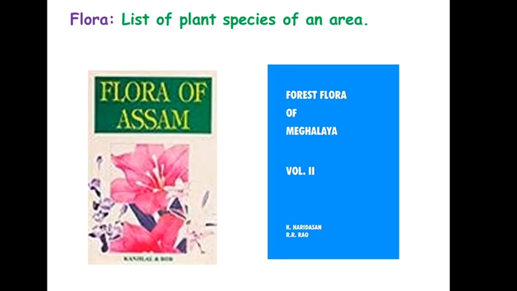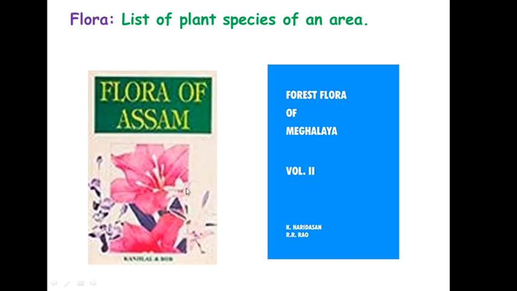This volume was compiled by Kanjilal et al. Means they were a group of 4-5 people and published in 1934 in 5 different volumes. At that time it was undivided Assam, so it's known as Flora of Assam. I will again tell you that this is just like a Bible for the botanists working in Northeast India. Anyone who wants to work on plants in Northeast India cannot avoid referring to this book.